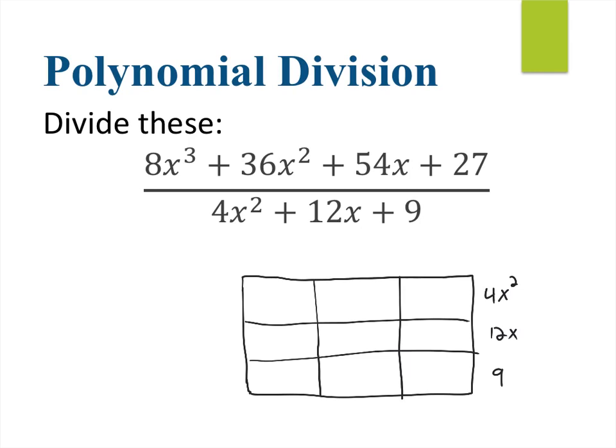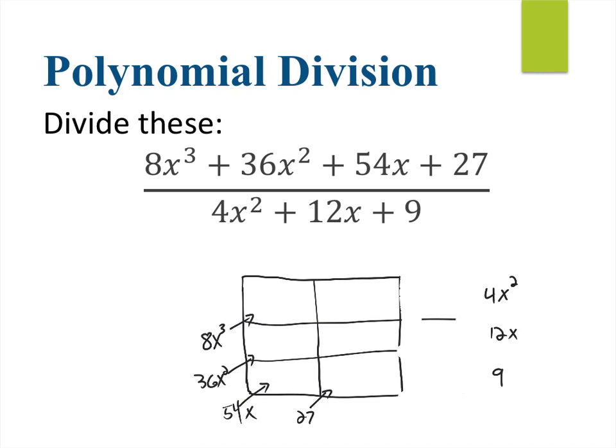So I know in there goes 8x cubed, and that diagonal is 36x squared, 54x, and 27. It looks like I don't need anything over here, so I'm going to just go ahead and erase all of that. I don't need any of it, right? Reconstitute that side, that 4x squared, 12x, and 9, and clean this up just a little bit.